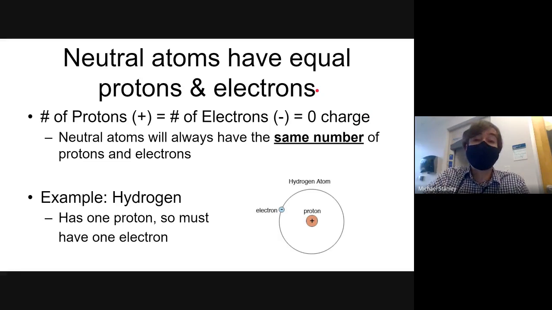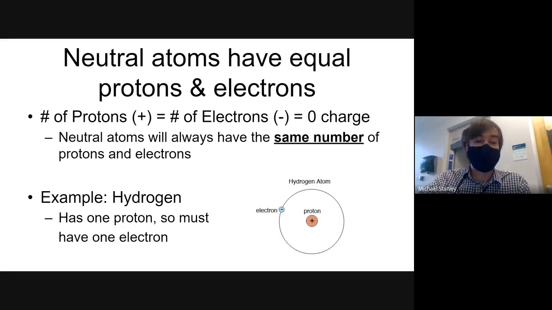So in this class, we're only going to be dealing with what are called neutral atoms. That means atoms that don't have an overall positive or negative charge. They have a neutral overall charge. If you take later chemistry classes, you might start hearing about ions that are positively charged or negatively charged. But in this class, in IPC, we're just going to focus on neutral atoms.